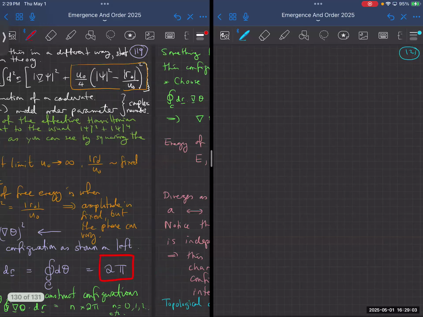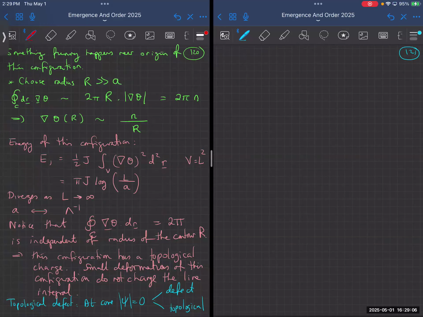And now I want to talk about what is the consequence of this. So what we've just learned so far, we have a very high energy configuration of a so-called vortex, which has a topological charge.